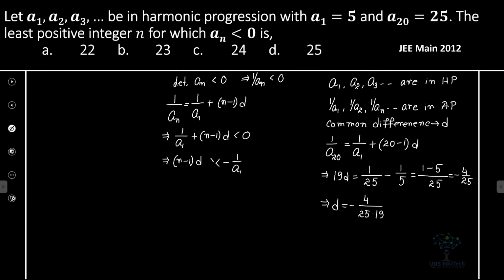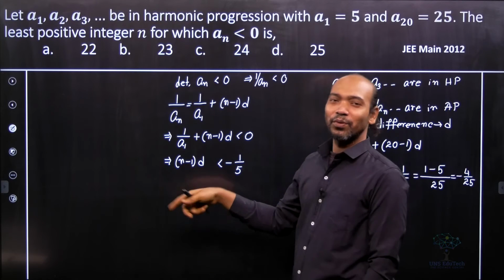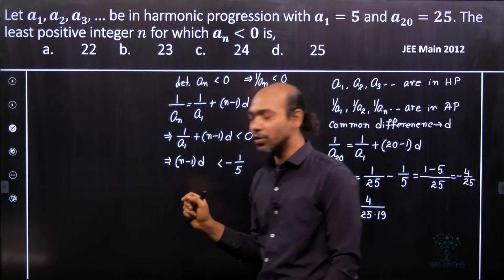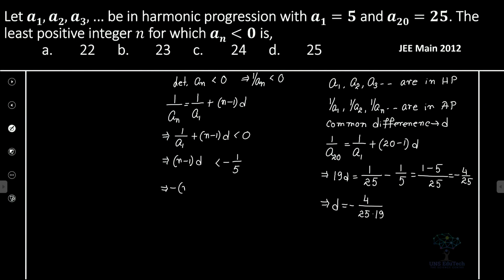Now see that A1 is given as 5. So up to now it's okay. Now the problem comes, we need to find out the value of n. There is no other choice, we have to substitute the value of D. So it is minus n minus 1 into 4 by 25 into 19, and that's less than minus 1 by 5.